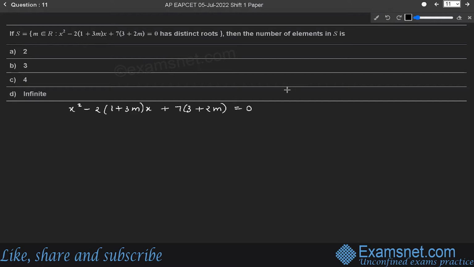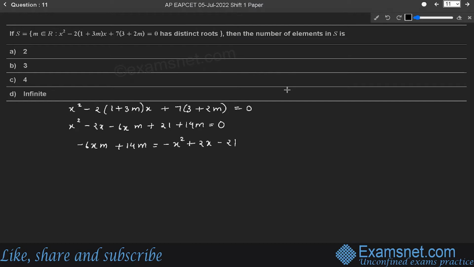The expression is given here, so we have to solve it and find the number of elements in S. In the first step, removing the parentheses, it becomes x² minus 2x minus 6xm plus 21 plus 14m is equal to 0. So it can be written as minus 6xm plus 14m is equal to minus of (x² minus 2x plus 21).